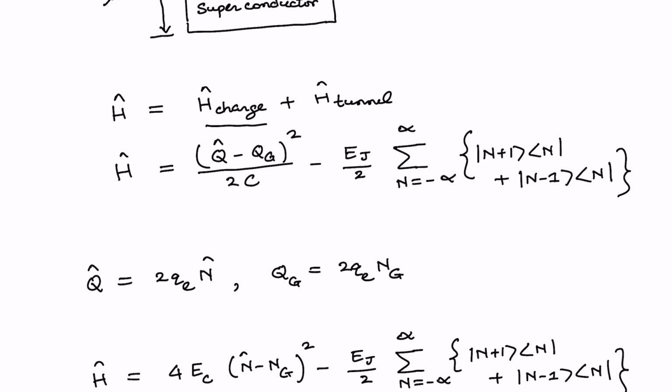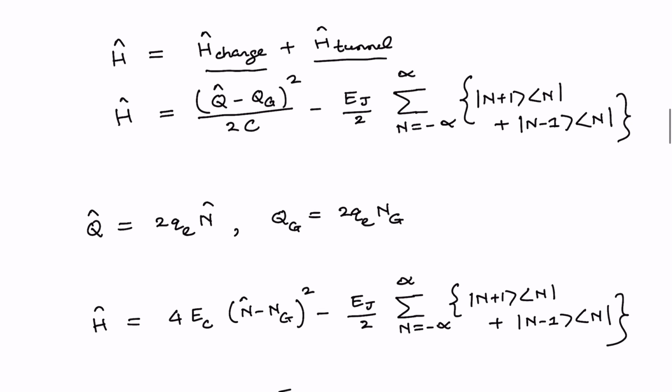One is the charging part and the other is the tunneling part. This Hamiltonian we can rewrite using the number operator, where the charge operator is defined in terms of the number operator as q cap equals 2 Qe n cap, where Qe is the charge of the electron and n cap is the number operator, and the other parameter Qg, the gate charge, is defined in terms of the parameter Ng.